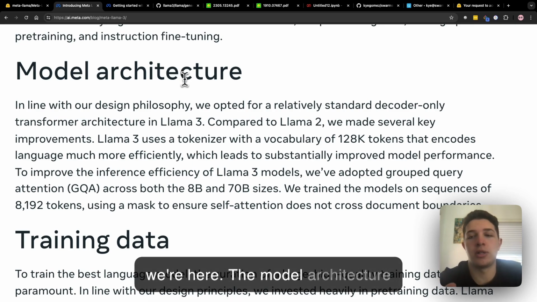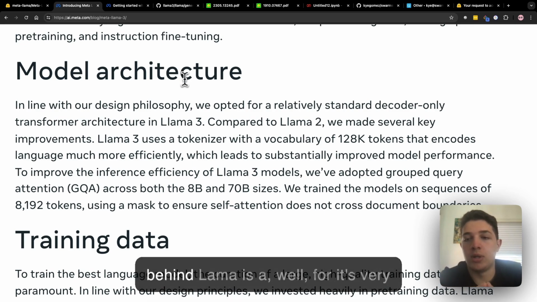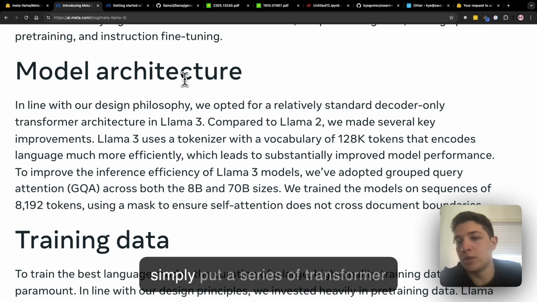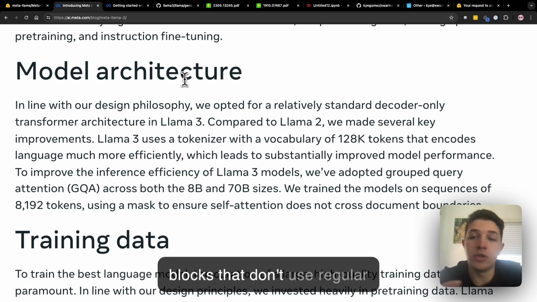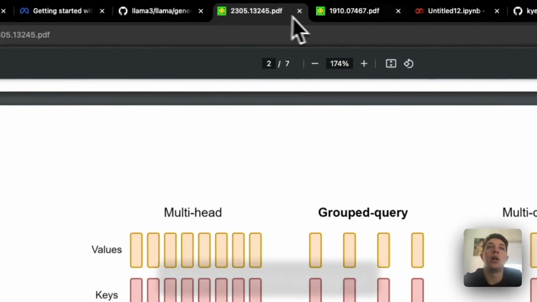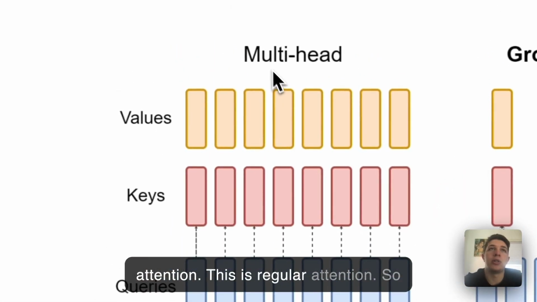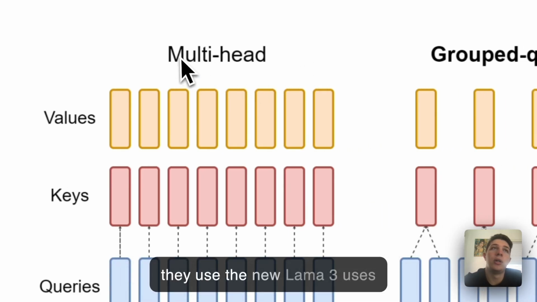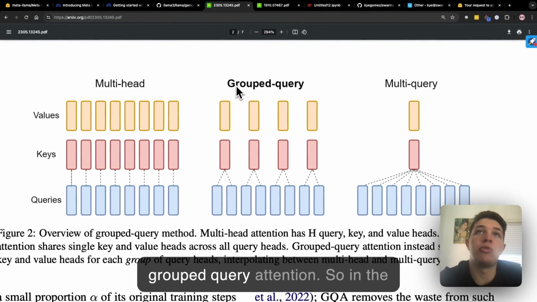The model architecture behind Llama is, very simply put, a series of transformer blocks that don't use regular attention. This is regular attention. The new Llama 3 uses grouped query attention.